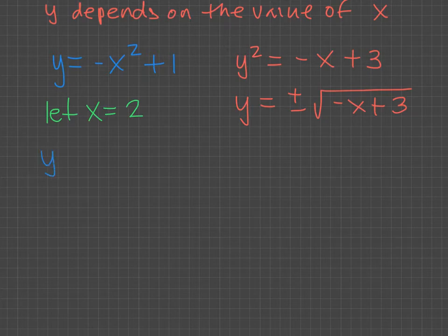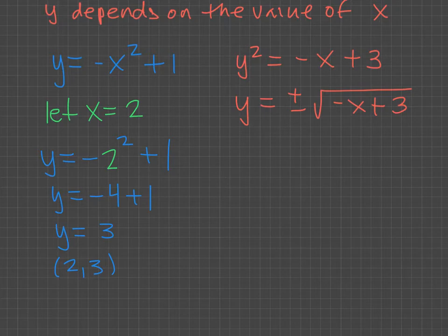So y is equal to negative 2 squared plus 1, so y equals negative 4 plus 1, so y equals 3. We get one number for y. We learned in section 2.1 that this corresponds to an ordered pair, 2, 3, and we could plot that on the xy axis and get a point on the graph of that equation. We will come back to that. We're not going to do that today.